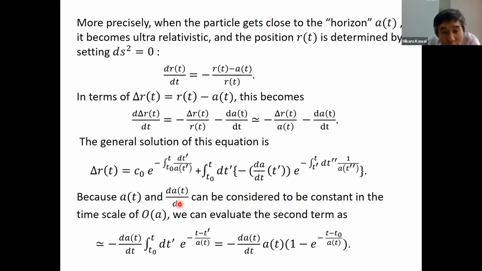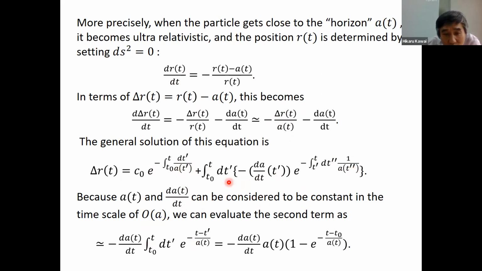Because A(t) and dA/dt can be considered to be constant in the time scale of A, as we have discussed, A(t) goes to 0 in the time scale of A cubed. The time scale of A is the time scale for R(t) to get close to A(t), so this is the time scale for delta R. If A(t) and dA/dt change slowly compared with delta R, we can replace A(t) here and here by some constant A(t).